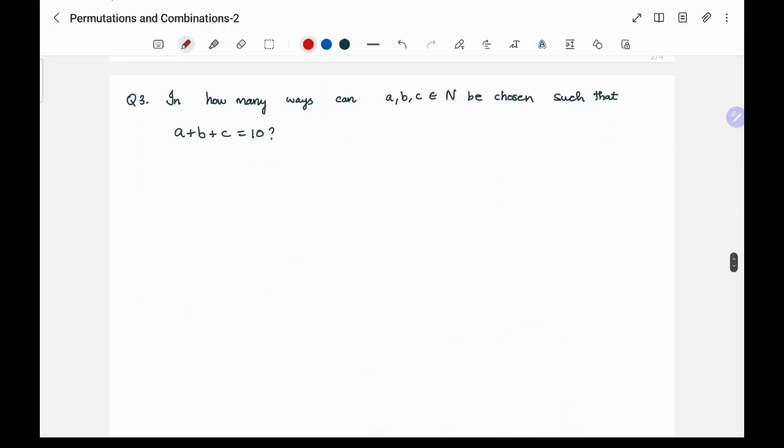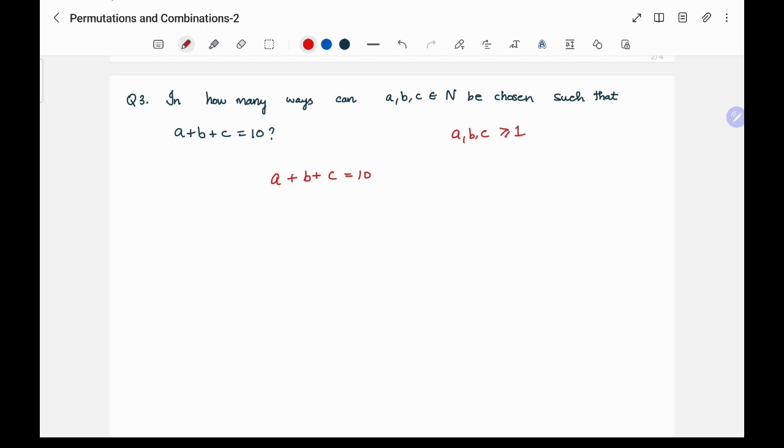In how many ways can A, B, C belonging to natural numbers be chosen such that A plus B plus C equals 10? Okay, so we want A plus B plus C equal to 10. And A, B, C are natural numbers, so A, B, C are greater than or equal to 1.